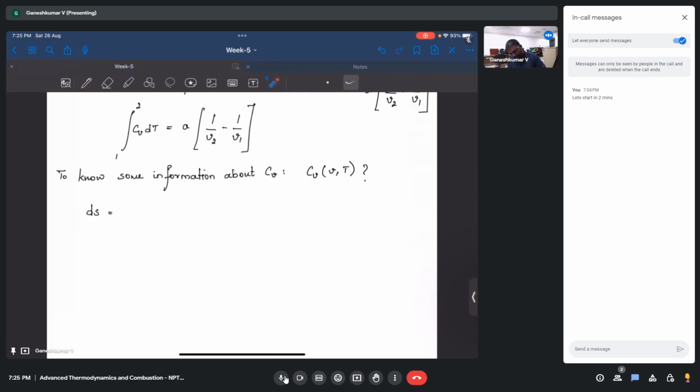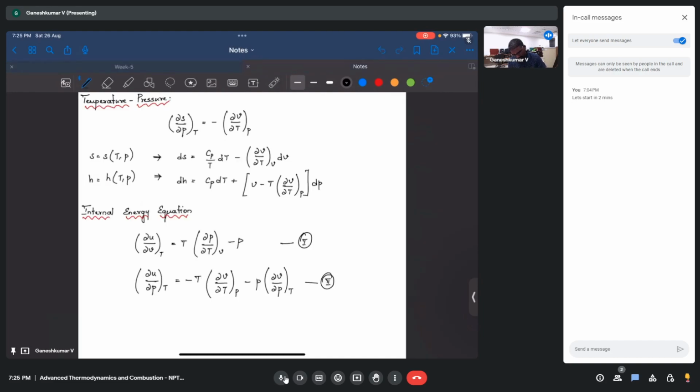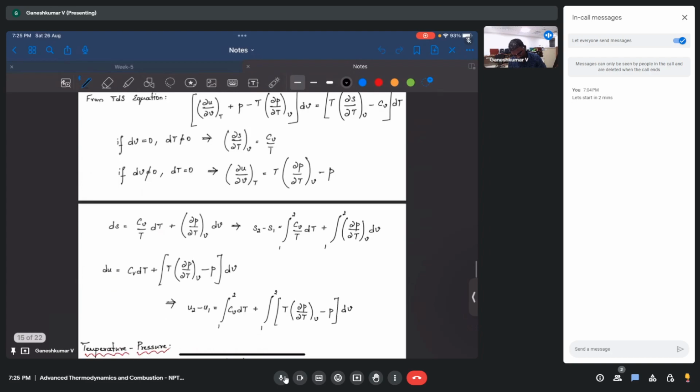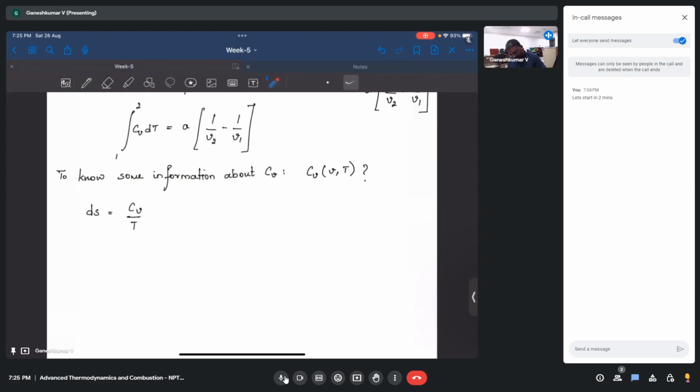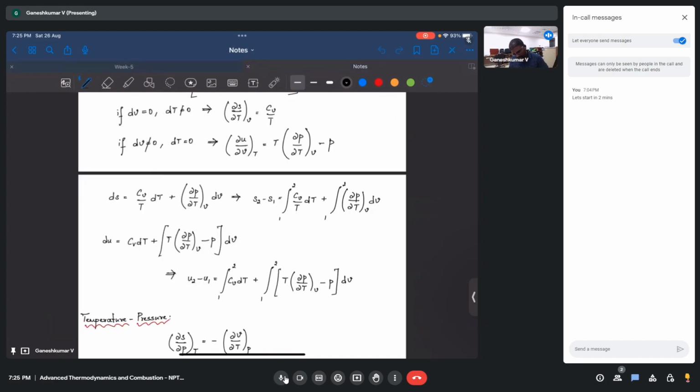This one is in terms of P. There will be one more equation, which is in terms of Cv. So let's write that down: Cv by T times dT plus dou P by dou T at constant V dV. Okay, the same equation.